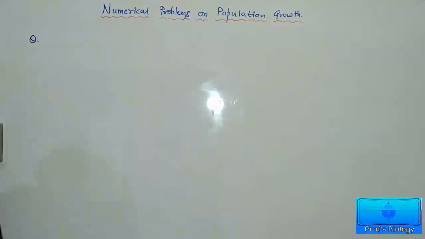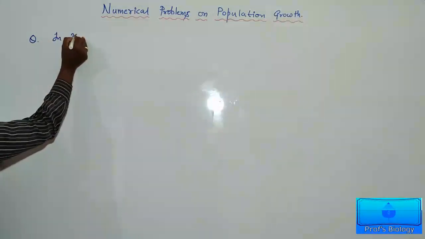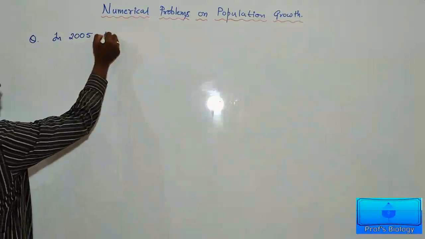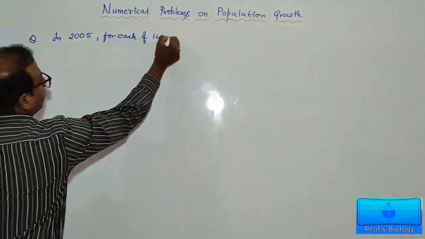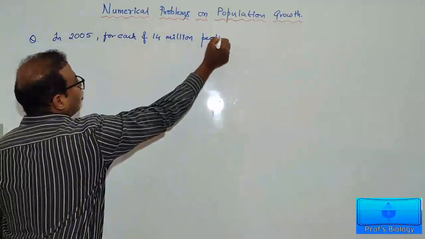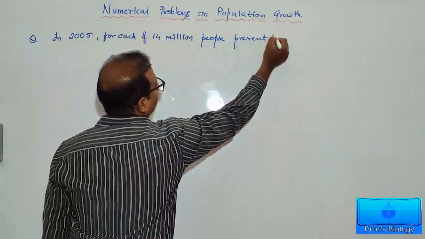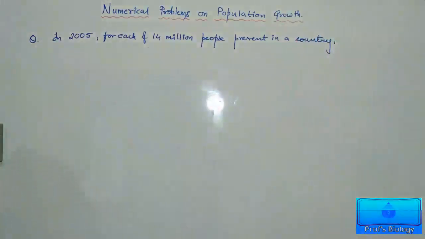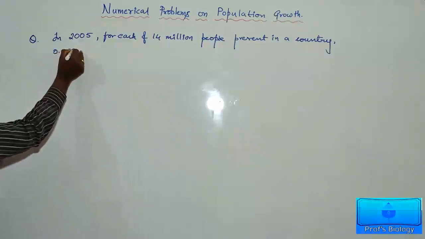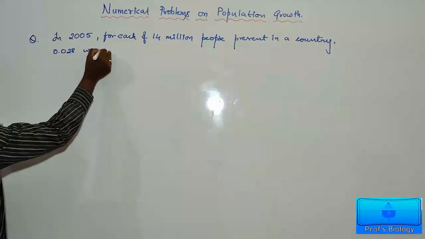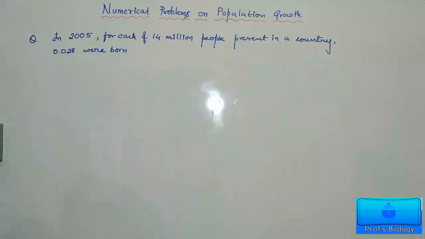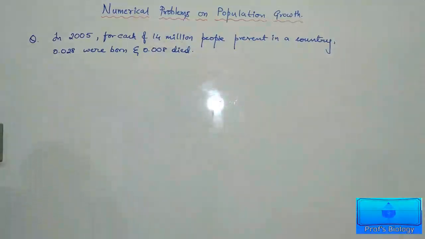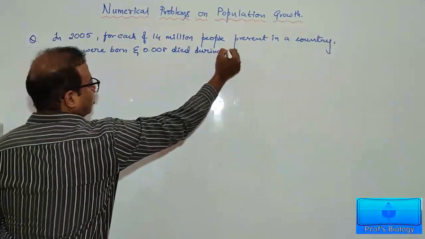Next problem. In 2005, for each of 14 million people present in a country, 0.028 individuals were born and 0.008 died during the same year.